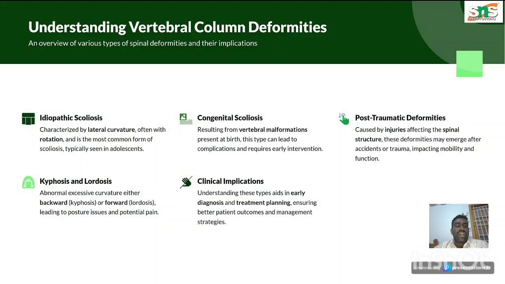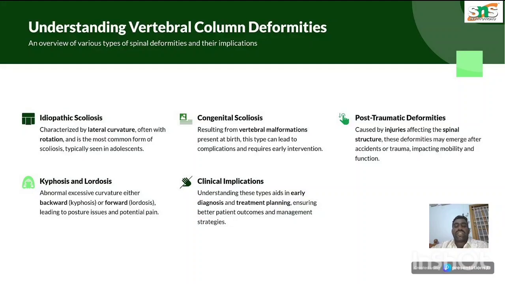Kyphosis is abnormal excessive curvature of the spine backward. The spine curvature will be hat shaped. And forward is lordosis, leading to posture issues and potential pain.